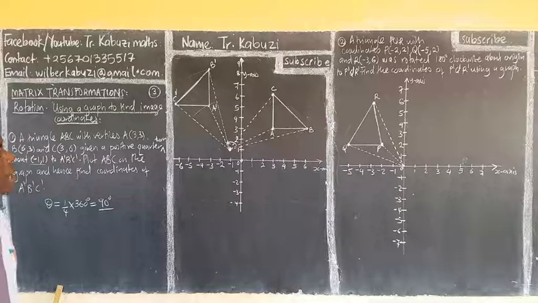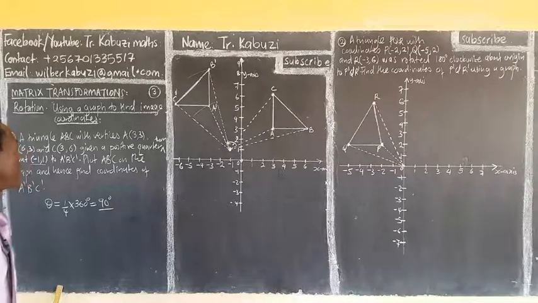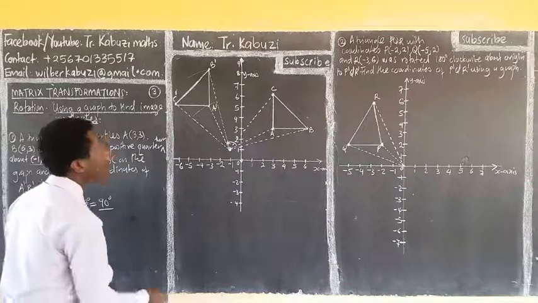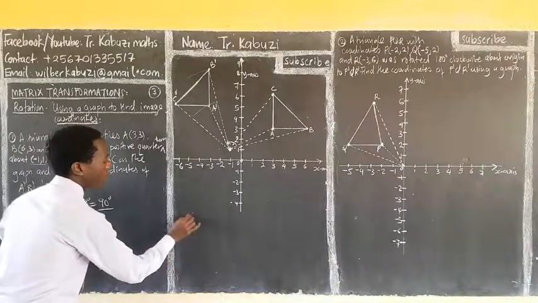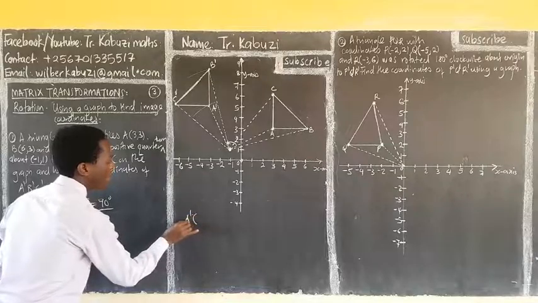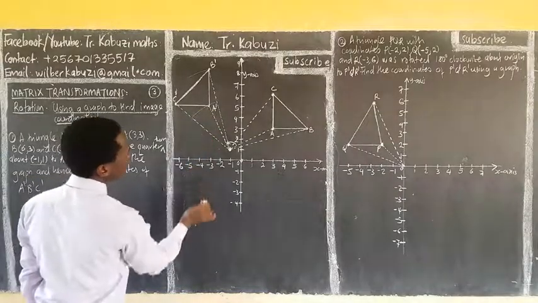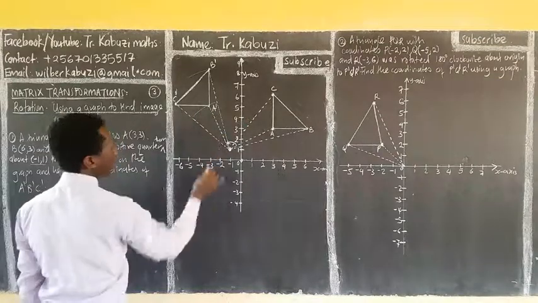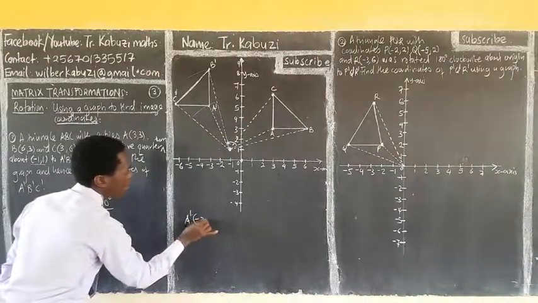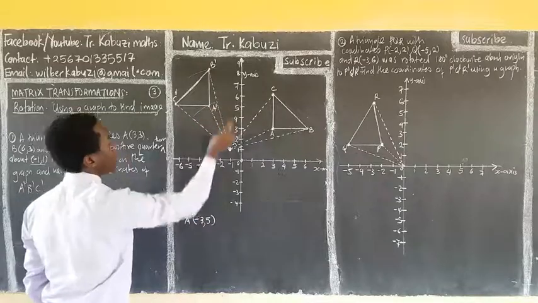So now, after doing that, you can read out the coordinates. My coordinates for A prime: you read the X, then the Y. So it's going to be negative 3, comma 5.